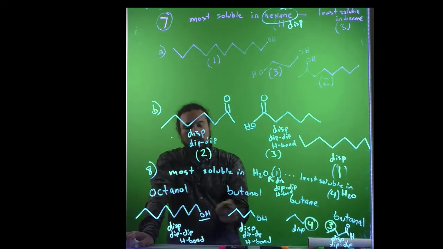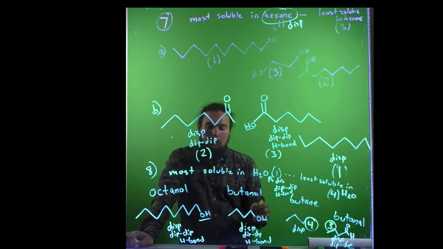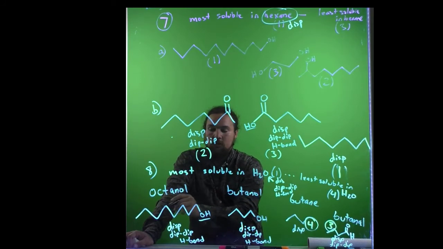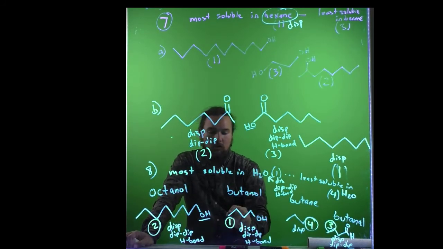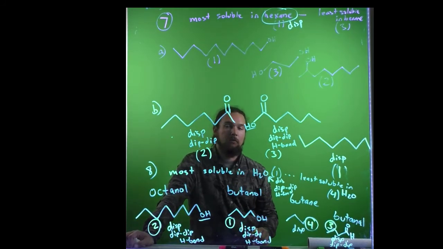Now determining between these two, which one would be more soluble, they contain the same 3 intermolecular forces as water, but the longer the carbon chain, the more nonpolar it is. So this one would be a little bit more nonpolar than this one. So this would be number 2, leaving this shorter alcohol chain to be number 1.